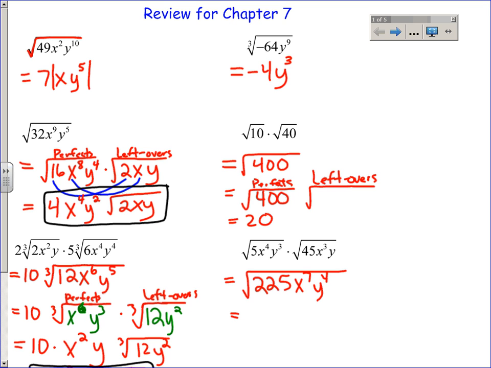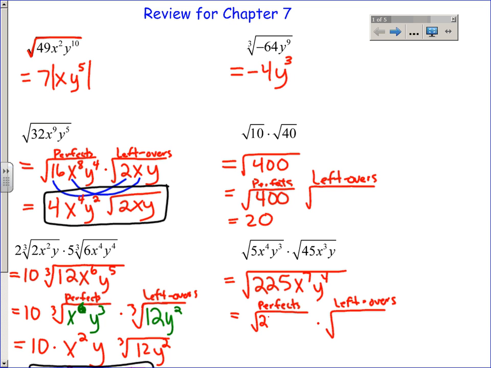Then we're definitely going to have at least one thing that's not perfect, and that's the x to the 7th. So I'm going to go ahead and make my two radicals, perfects and leftovers. And then I'm going to split anything. Well, 225 should be on your perfect sheet.